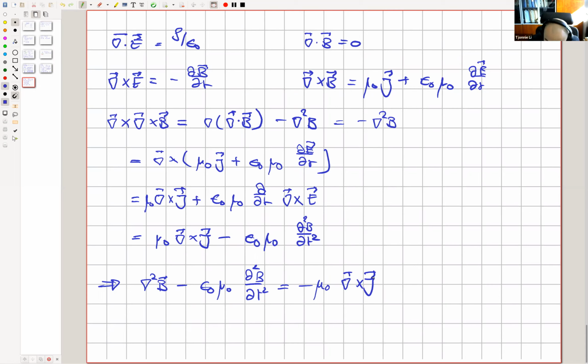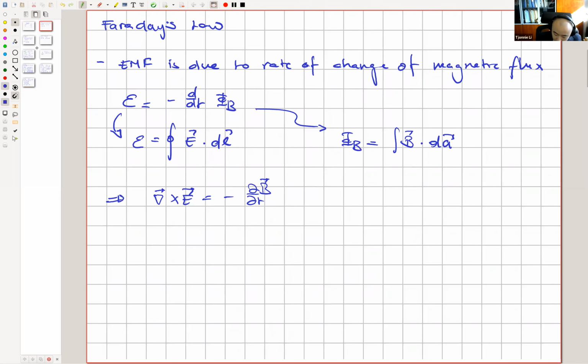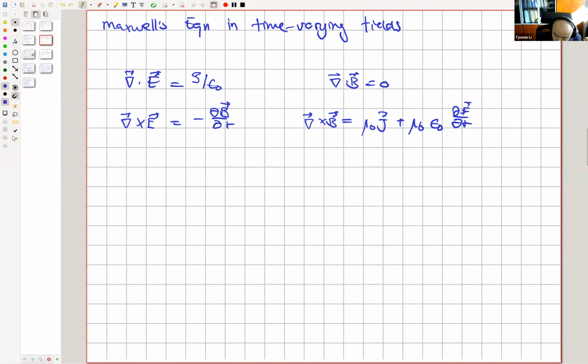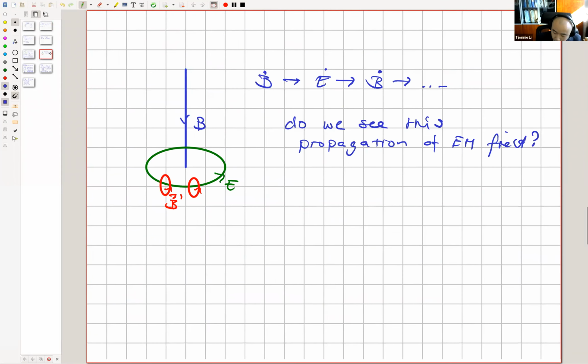Okay, now I want to go back to this set of equations. Had it not been for the introduction of the so-called displacement current, then I wouldn't be able to show that both the electric field and the magnetic field satisfy the wave equation. And this is really where we had the hunch, because when we started off, in one of our first slides, in this picture here, we wanted a magnetic field that would create an electric field, and then the electric field would create a magnetic field.